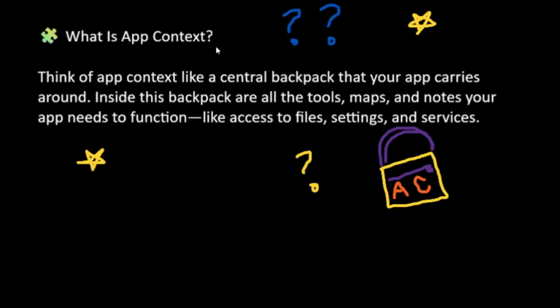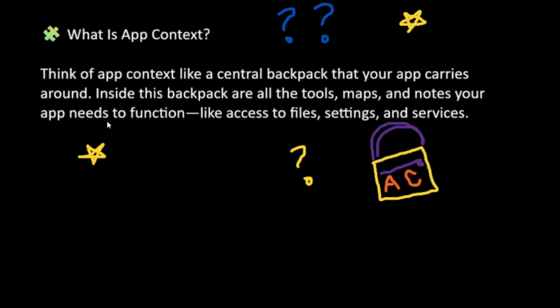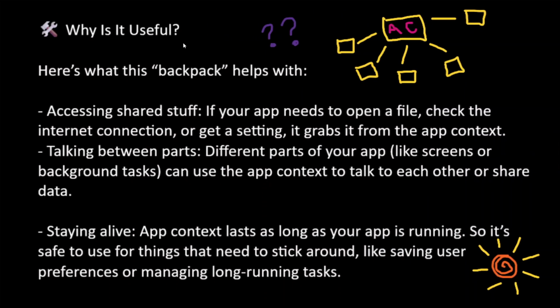What is AppContext? Think of AppContext like a central backpack that your app carries around. Inside this backpack are all the tools, maps and notes your app needs to function, like access to files, settings and services. Why is it useful?